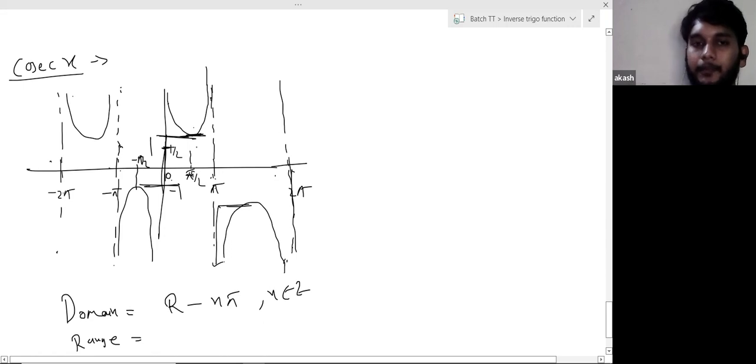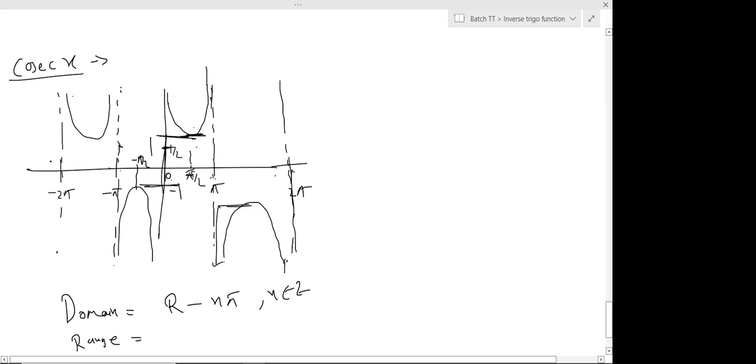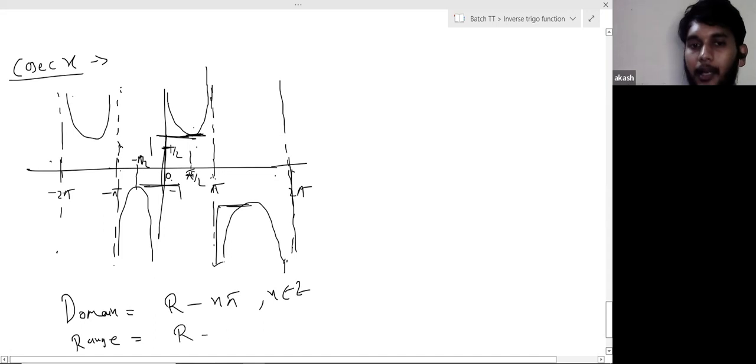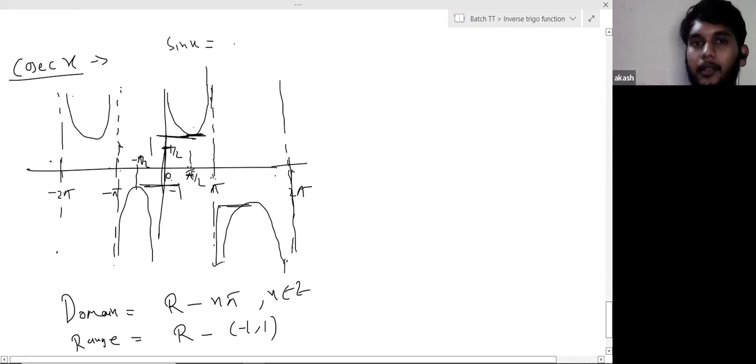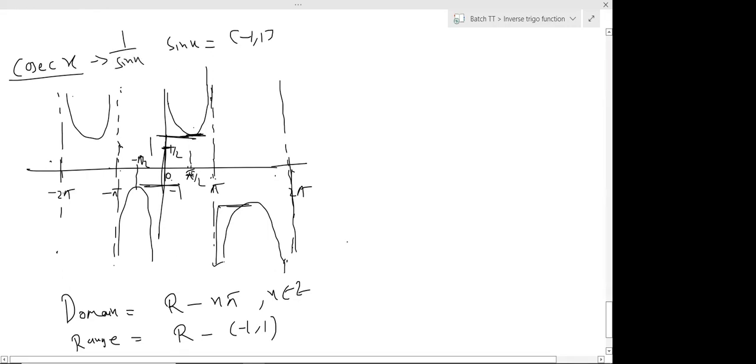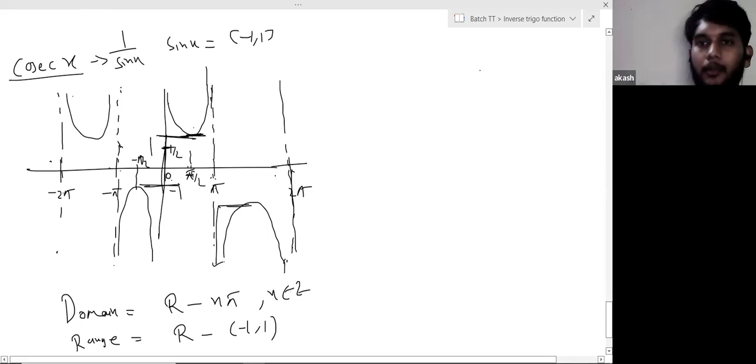So the range is R minus the interval minus 1 to 1. We are removing minus 1 to 1 from the range. Because sin x is from minus 1 to 1, the inverse of this, 1 upon sin x, will never be from minus 1 to 1. So by removing that gap area, we can find the point of y easily.